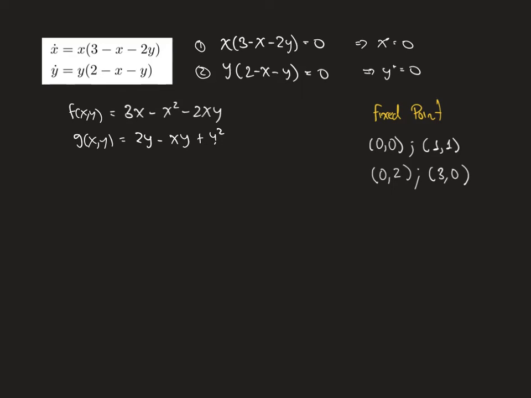And what is the Jacobian again? So let's write the general expression in this case. It's the df/dx, the df/dy, the dg/dx, the dg/dy. So what is the df/dx? 3 minus 2x minus 2y. Very good. What is the df/dy? Yep, minus 2x.